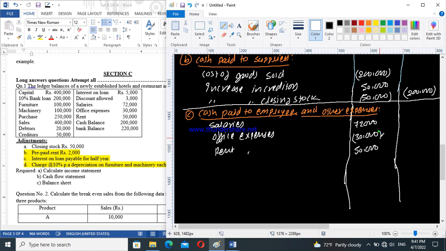All the payment items are minus. Please calculate again. 72 plus 30 plus 50, 1,52,000.